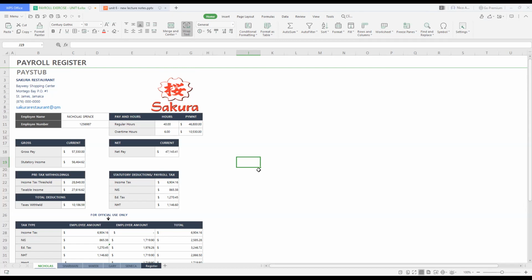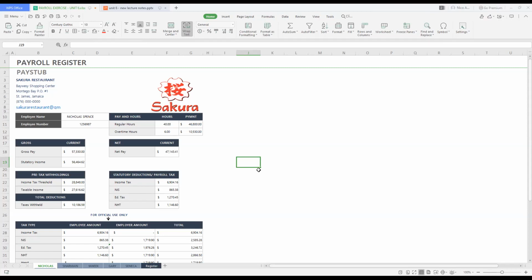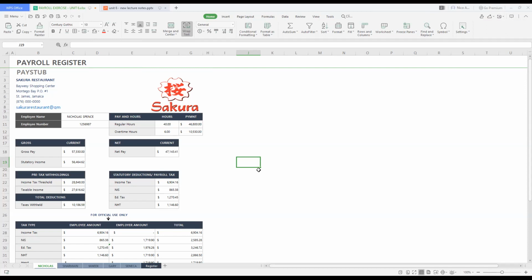All right, so we need to take out education tax, and education tax is 2.25%. You're going to find 2.25% of that 56,464.62. It's times 2.25%.